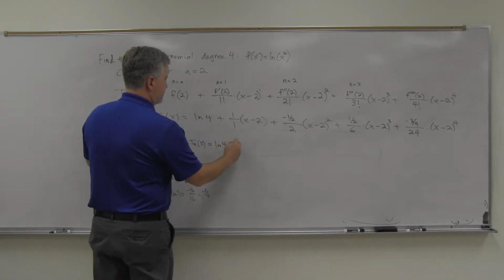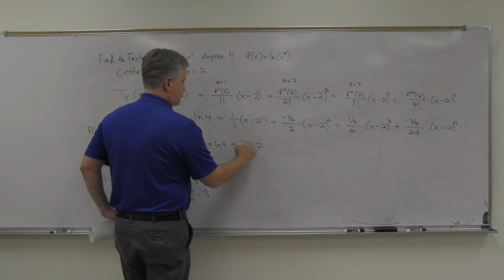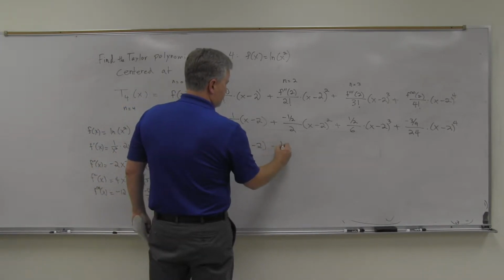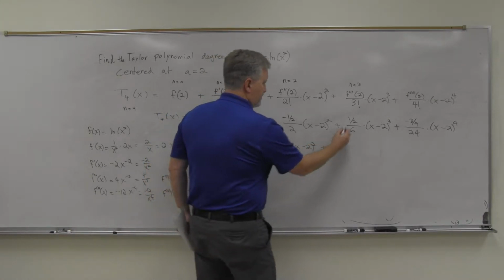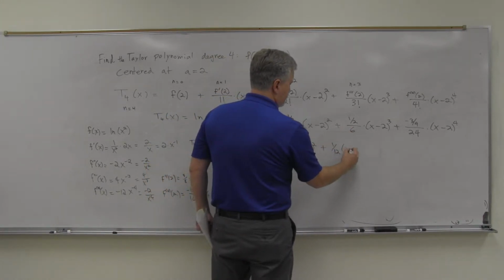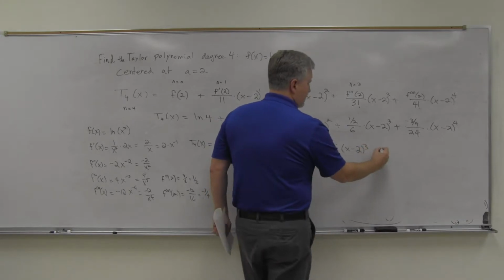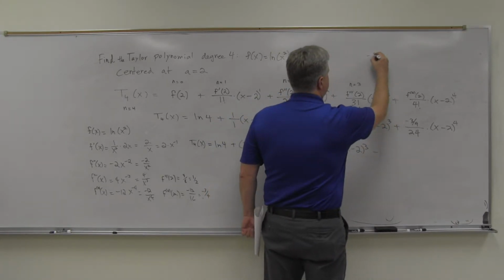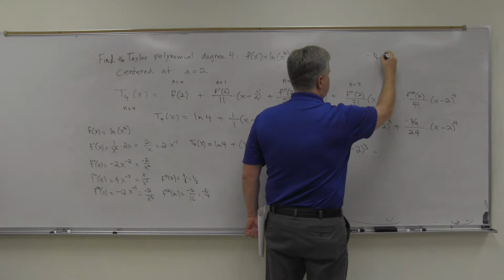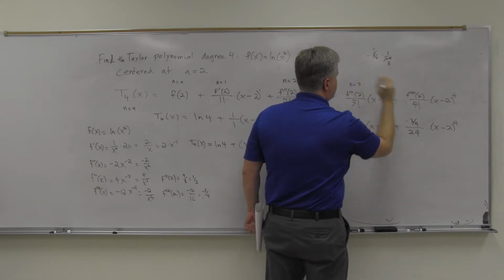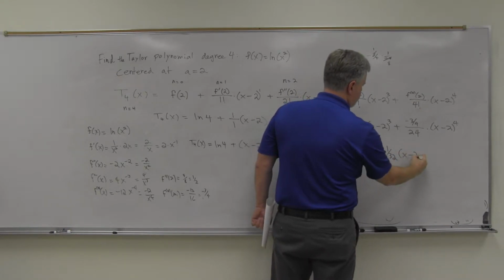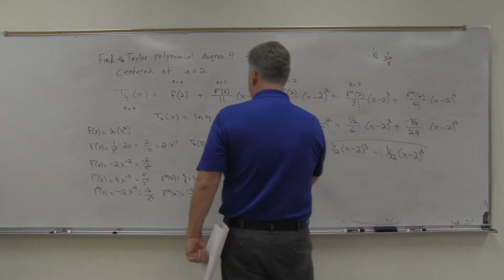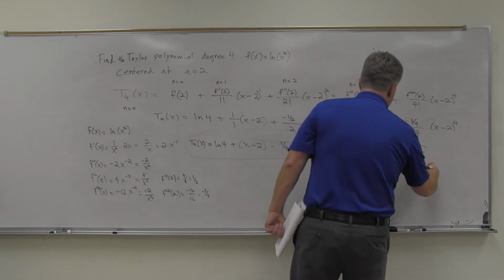And then just clean it up a little bit. ln of 4 plus x minus 2, minus 1/4 times x minus 2 squared, plus 1/12 x minus 2 cubed, and minus 3/4 divided by 24 is times 1/24, so that's negative 1/32 times x minus 2 to the fourth. That is T4 of x.